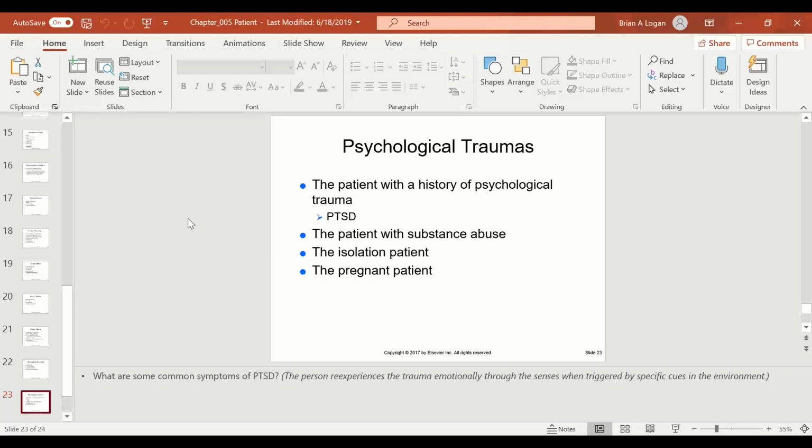Now, there's also a psychological component to the patient. Did they go through some kind of psychological trauma in their past? Were they emotionally abused or physically abused?